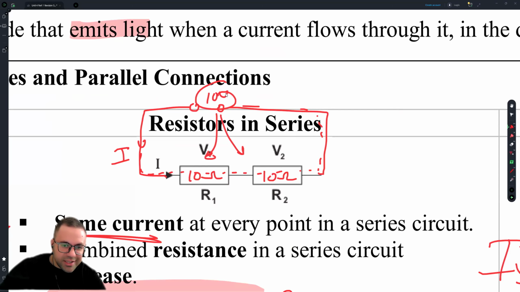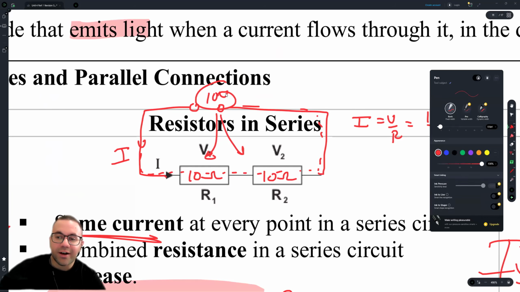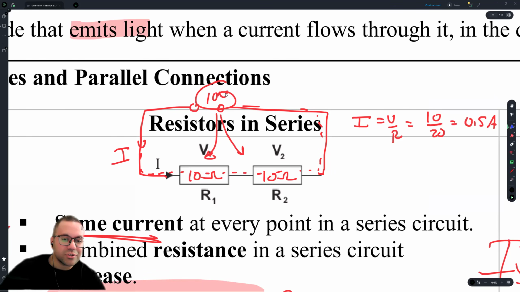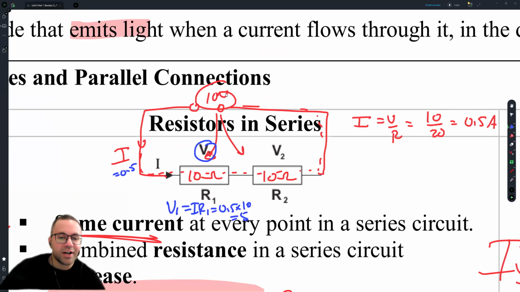If I were to calculate the voltage across the first resistor, I would first need to get the current. So I'd say I equals V over R, which is 10 over 20. That's the total voltage and the total resistance, which is 0.5 amperes. And then if I ask you to get the voltage only across the first resistor, V1, you would say IR1, which is 0.5, that's the current, times 10, which is 5.